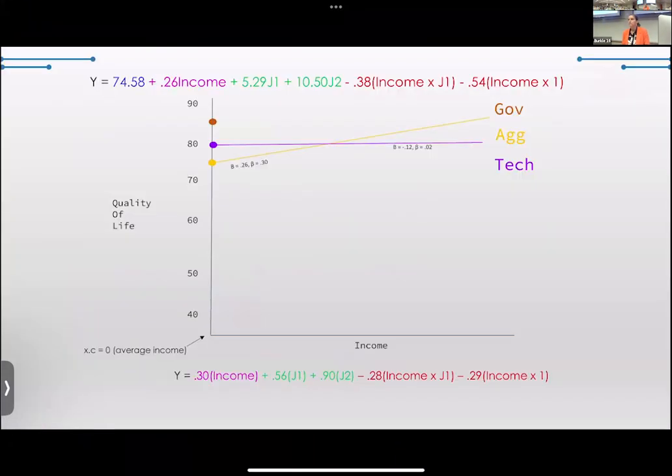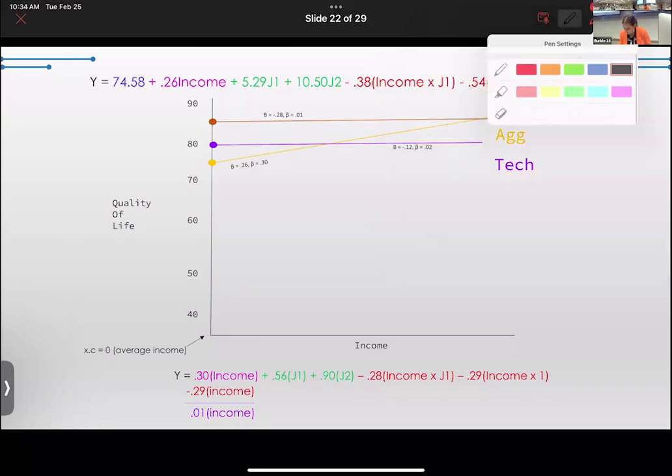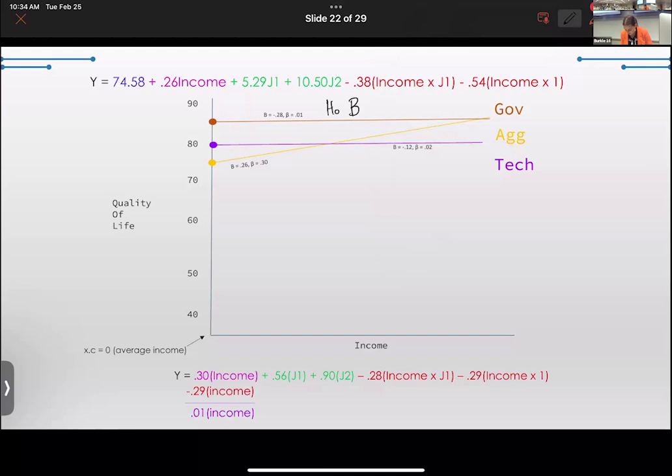Why is it not significant? Because what we're testing when we test simple slopes is whether this B or beta is significantly different than 0. That's the null hypothesis in a simple slope. Given a beta of 0.01, it's not going to be significant. We don't have the actual data to support it here, but it's so flat I can virtually guarantee it's not going to be significant.